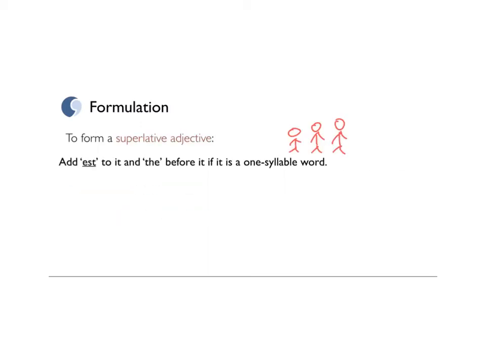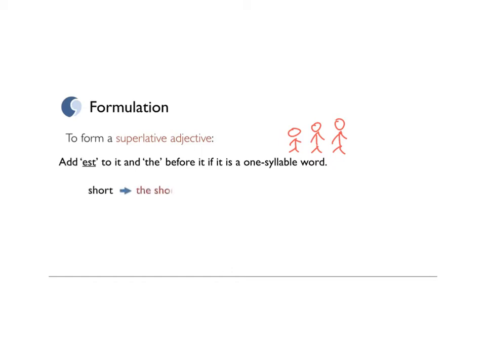For a superlative adjective, that is, when you compare more than two, say three people or things, you simply add the before it and add est after it if it is a one-syllable word.